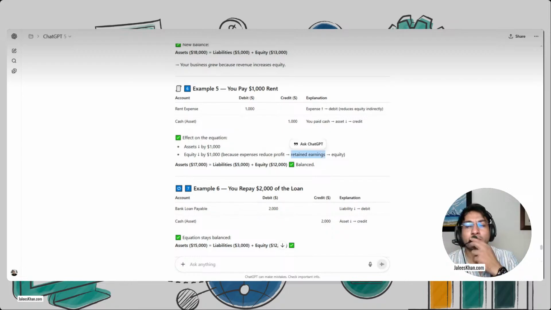Retained earnings means that the profit which I earn from selling a product, I keep in the business, and that profit is reinvested in the product. So that's why it is called retained earnings, and it is a form of investment from the owner into the business. So it increases the owner's equity in the business.